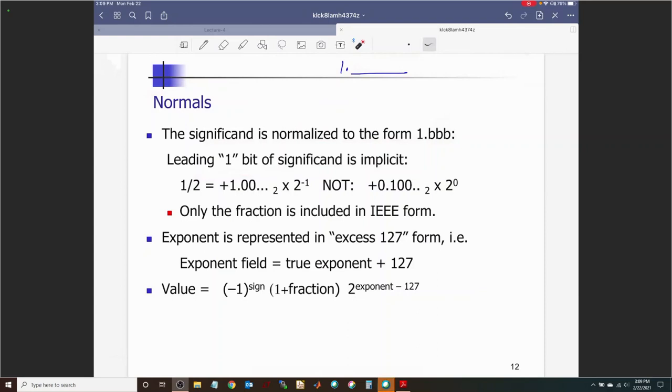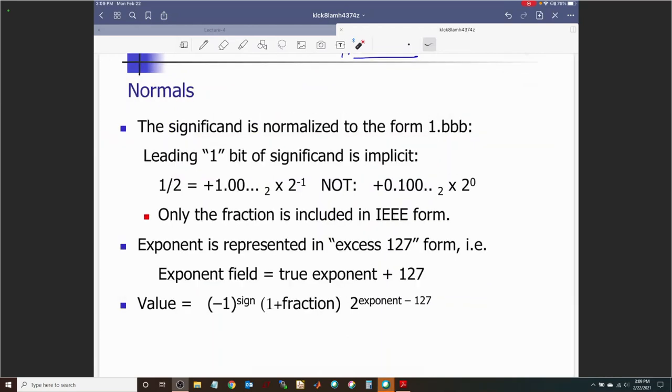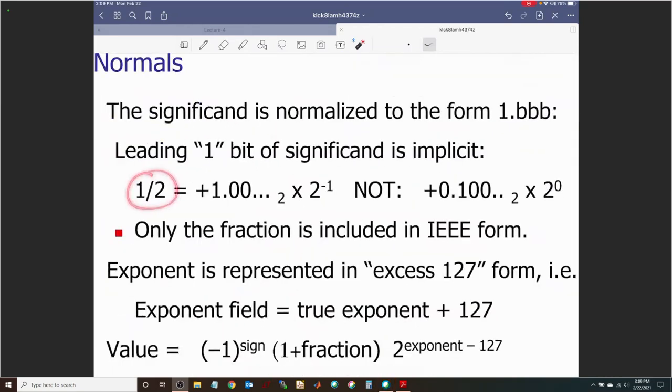So for example, if you have a half, 0.5, you can represent 0.5 as, it's a positive number, so positive, 1 point, a bunch of zeros, but multiplied with 2 raised to negative 1. Even though all your fraction bits are 0, because you have multiplied by 2 raised to negative 1, that is equivalent to moving this binary point left by 1 position.